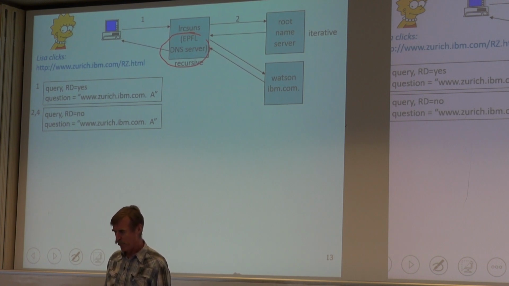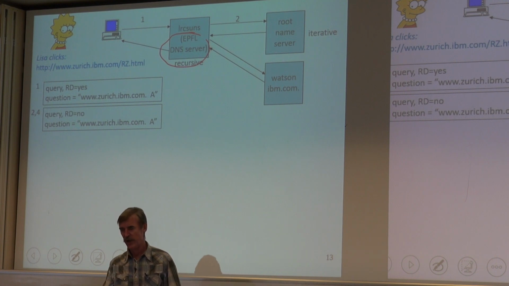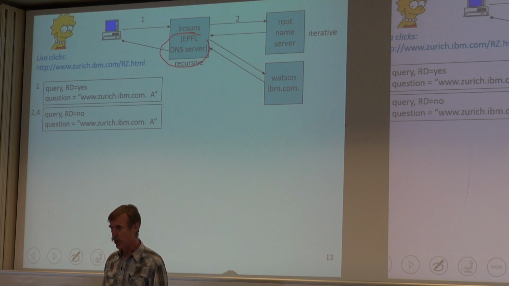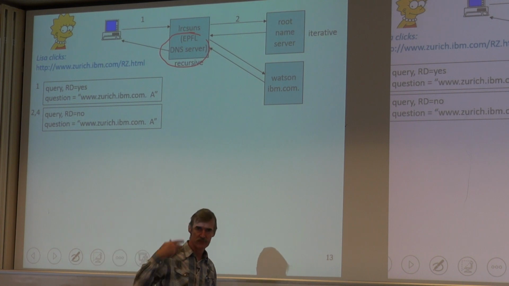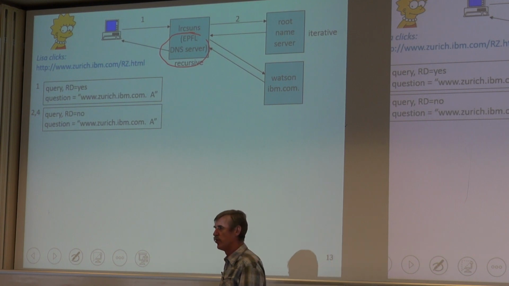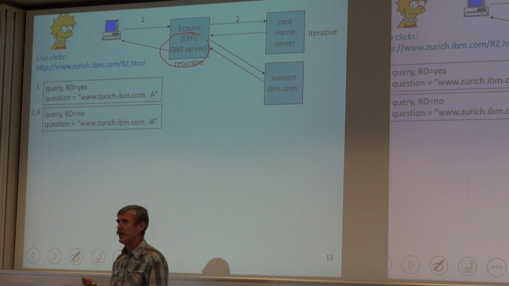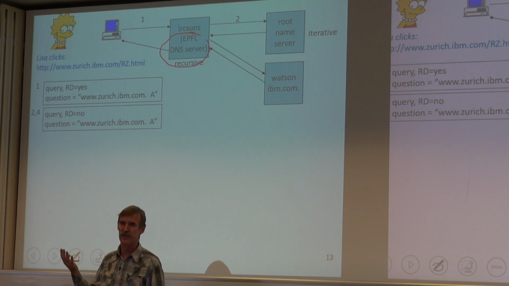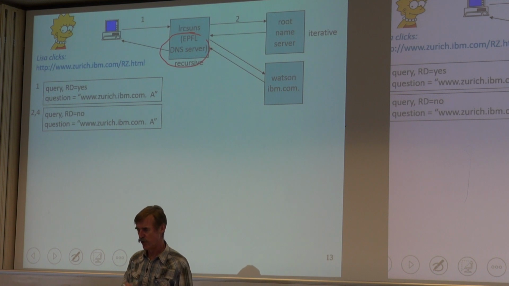Now the DNS server receives the query and it doesn't know because EPFL is not IBM. It doesn't know what's the address. So what will it do? Well, it will go along the tree, the DNS tree of names, and if it doesn't know anything, as we will see, very often we don't go the full process. We cache what we know, but if it's the first time this server has a question of that kind to answer, it will go to the top of the tree.